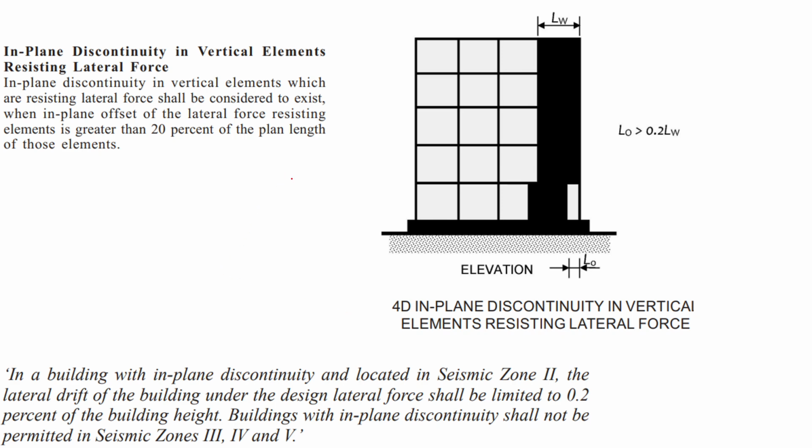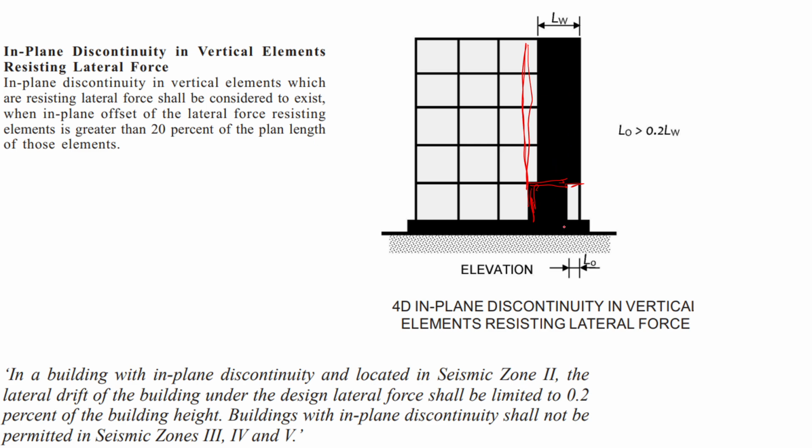Okay. Next is in-plane discontinuity in vertical elements. Whenever there is a building, you can see there is an irregularity here. The building structure needs to be in a straight line, but it has come out, or they have given an irregularity.